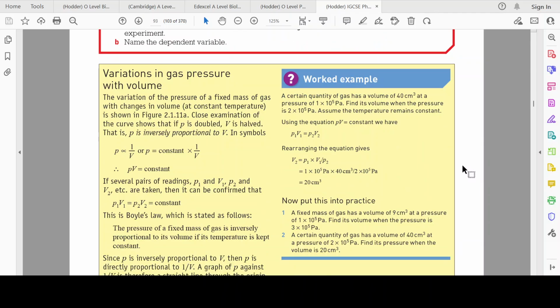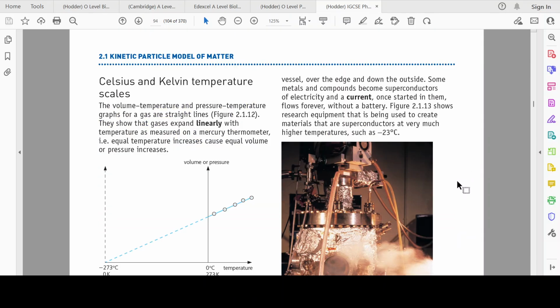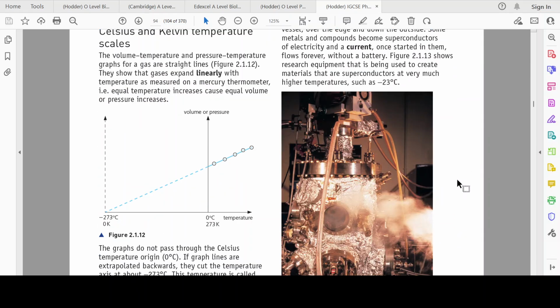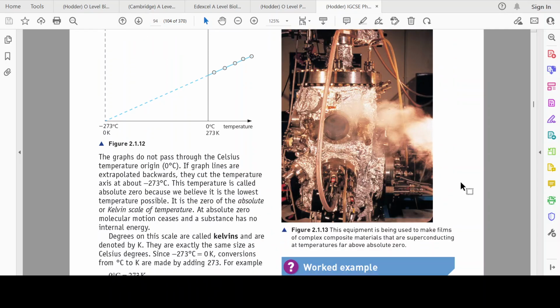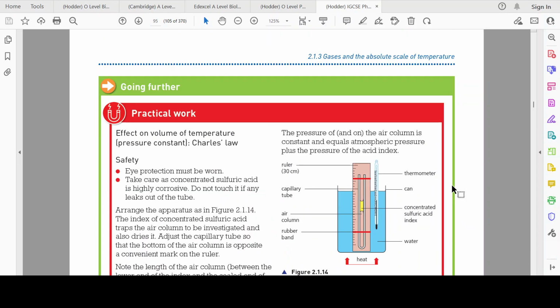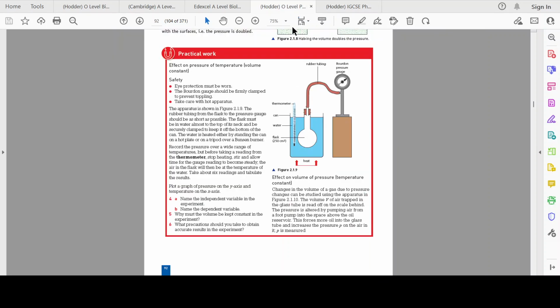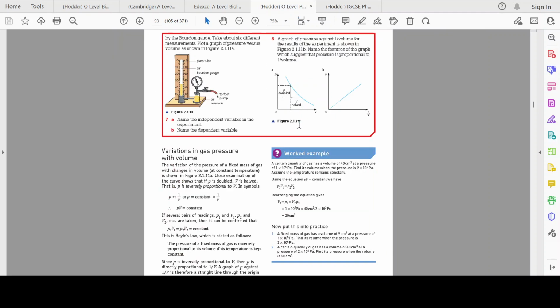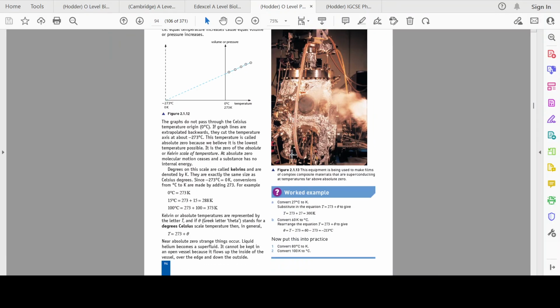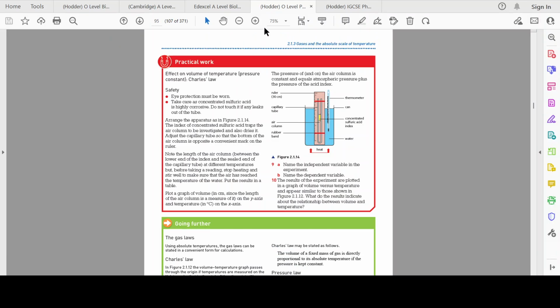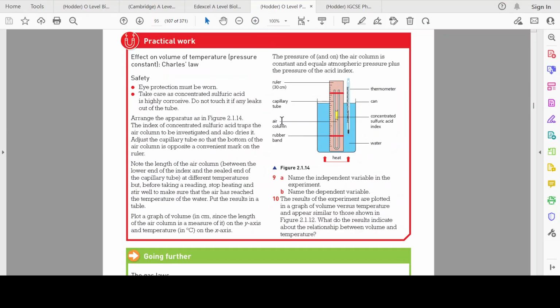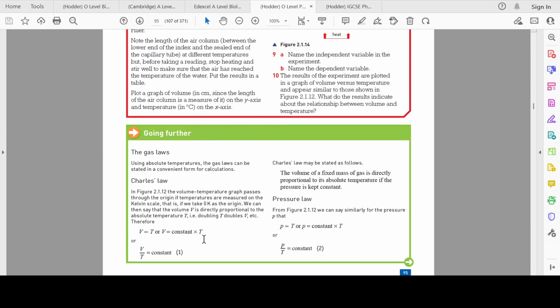So that is for pressure and temperature, and pressure and volume. And then there's this experiment which is given in O Level for some reason, which is a relationship between volume and temperature, Charles' law.